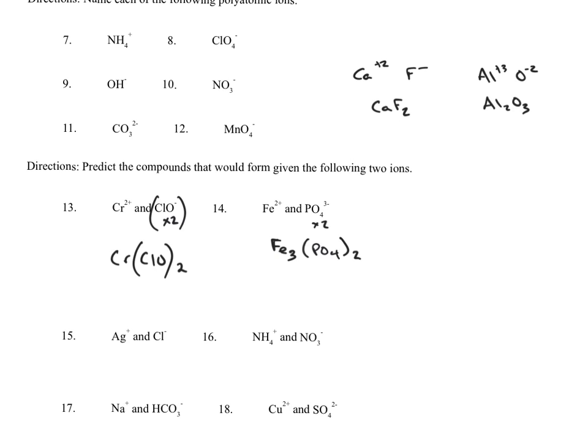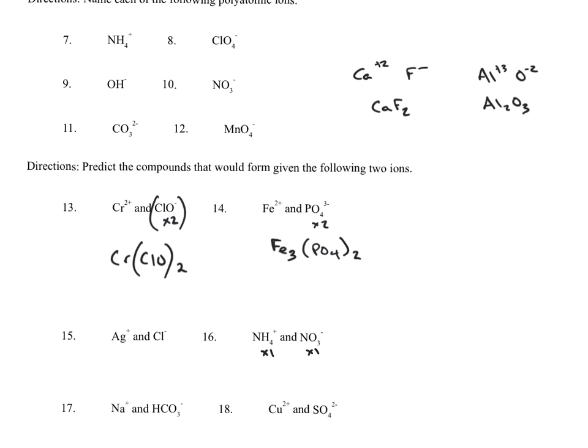Okay, and just so we don't make this mistake, let's look at 16. This is an ammonium ion, NH4, with a +1 charge, and this is a nitrate ion, NO3, with a -1 charge. Now, notice that the charges instantly cancel. I don't have to worry about multiplying anything. I have +1 and -1, so I really only need 1 of each of these.